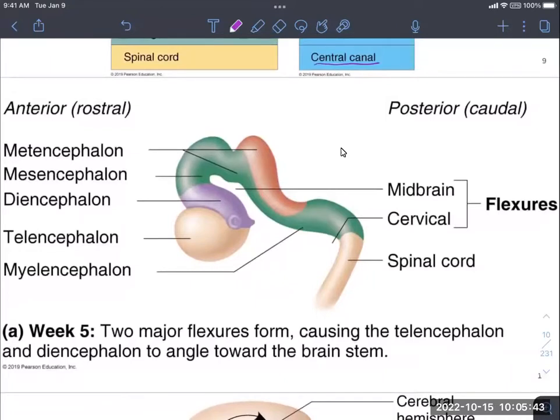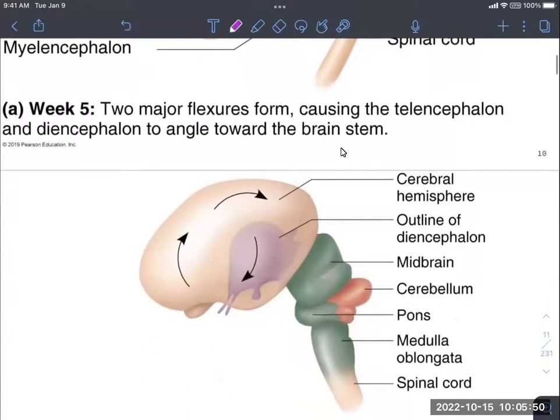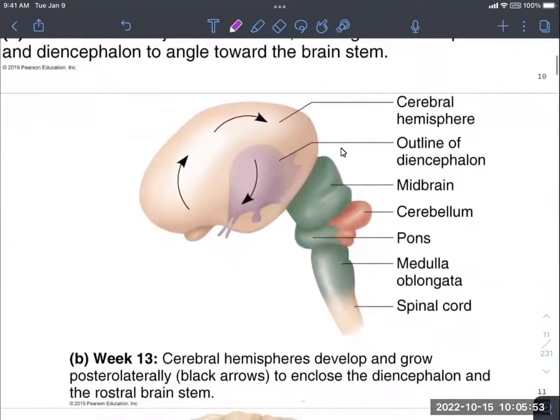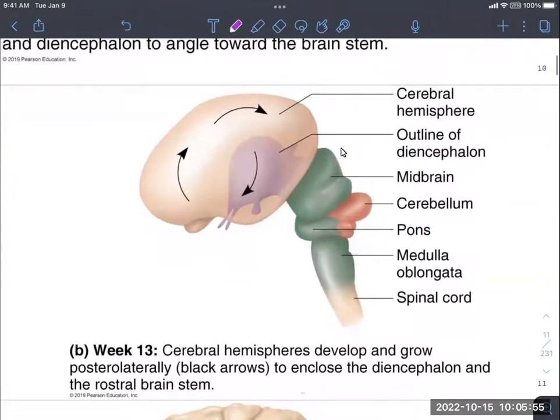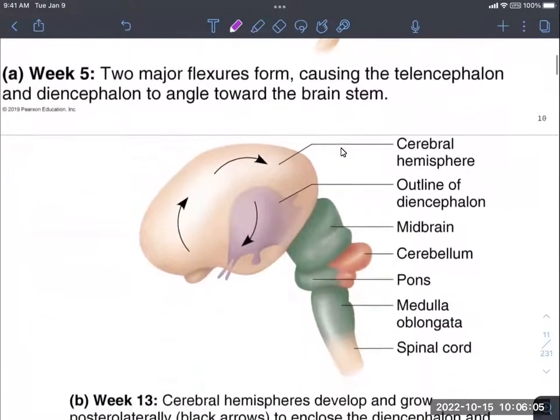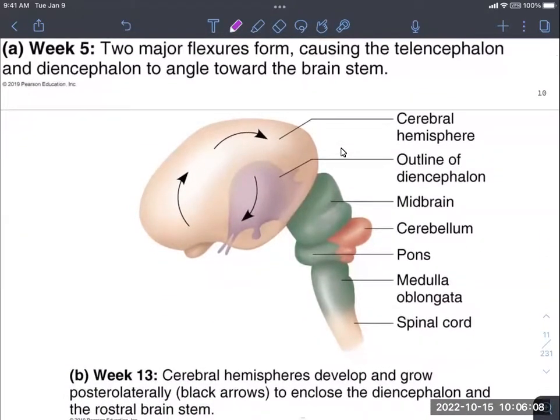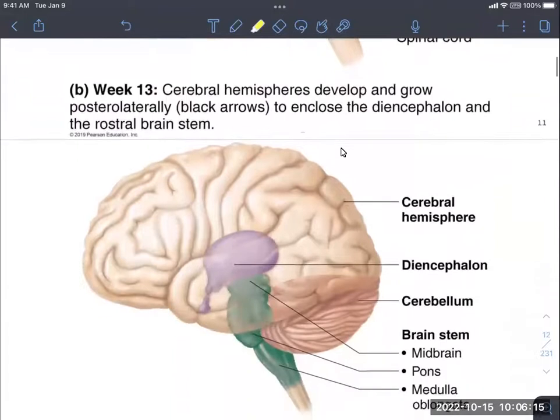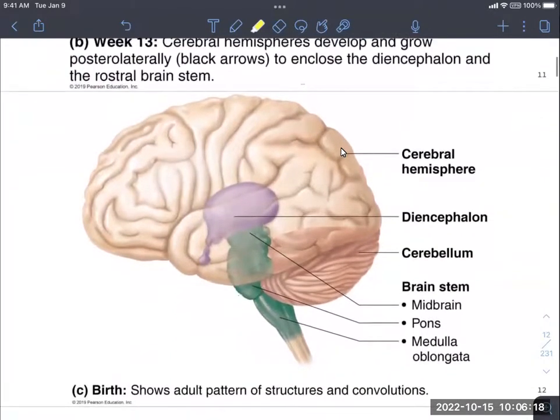You can see all the different parts of the brain where everything is going to start coming in. Then we start to get something by week 13 that somewhat resembles a brain. It starts to look more like a brain than, say, this picture does. This is where we start to get those cerebral hemispheres. Then here's what the brain looks like at birth.